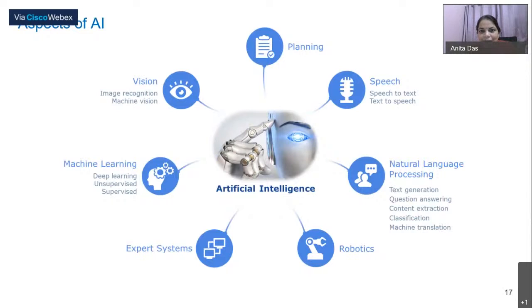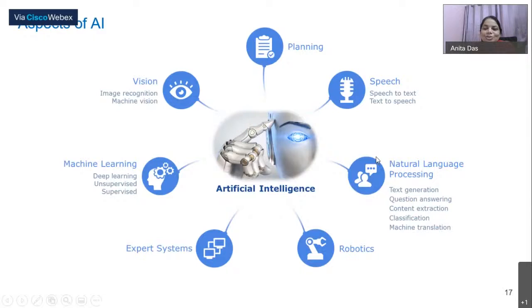Similarly, speech and language. These are various aspects of human intelligence. Similarly, in artificial intelligence there are various aspects like vision, machine learning, natural language processing, planning, expert systems, and robotics. These are very important aspects of artificial intelligence.